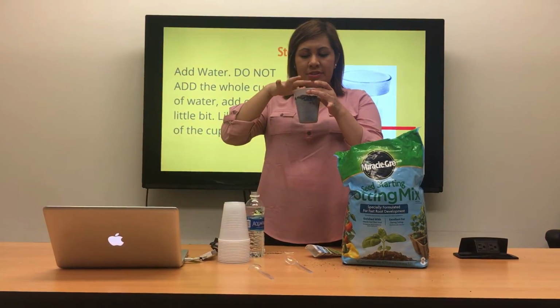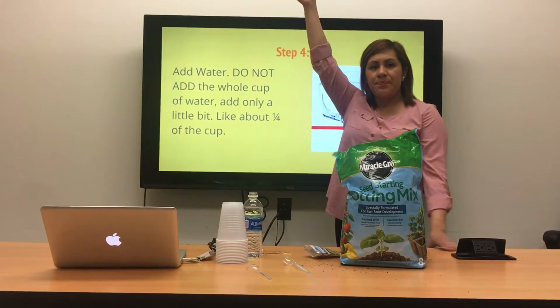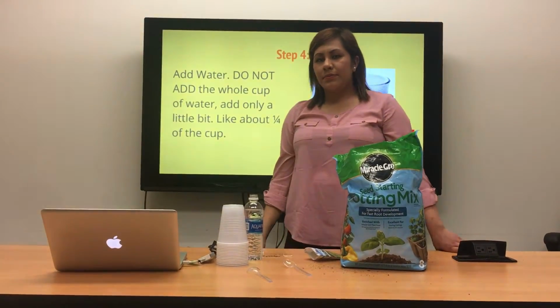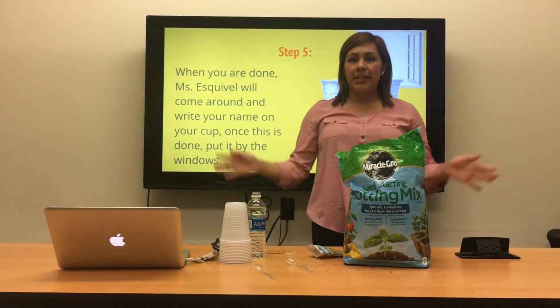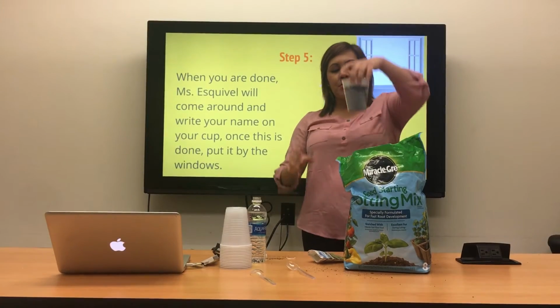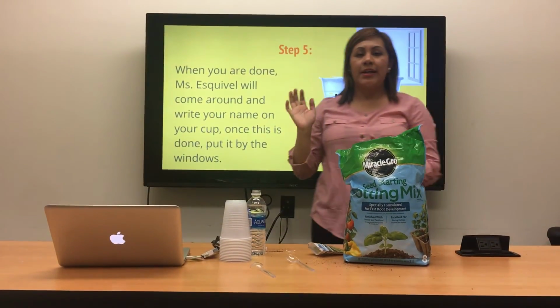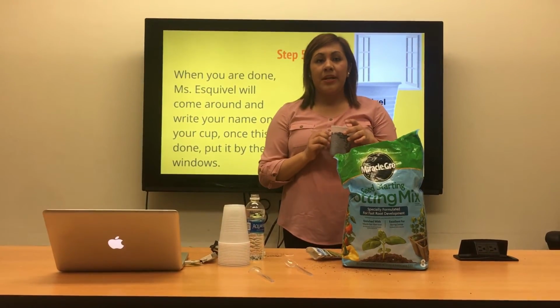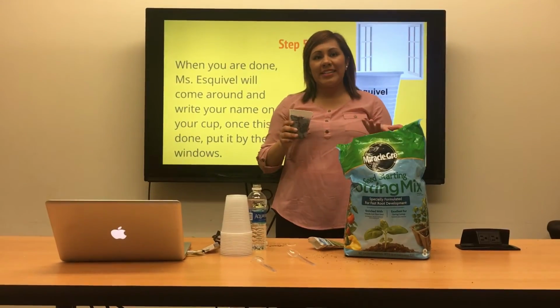Give it some time to soak down. Thumbs up when you're done. Okay, so now when you're completely done, just watch your water go down. You're going to raise your hand and I'm going to call on your name. I'm going to write your name on your cup and you're going to take it to the window because plants need light.